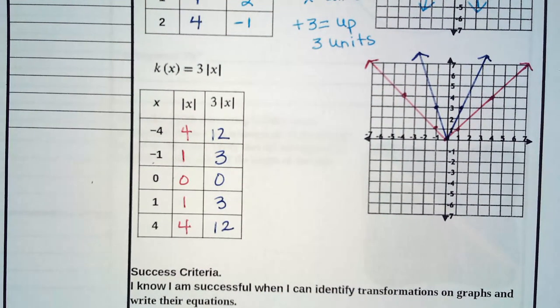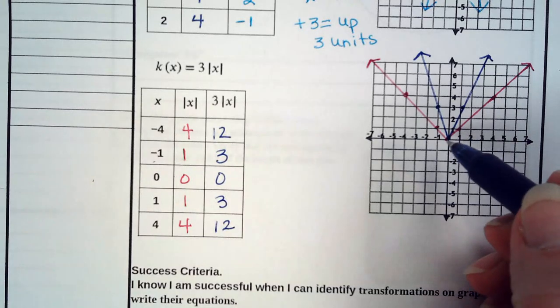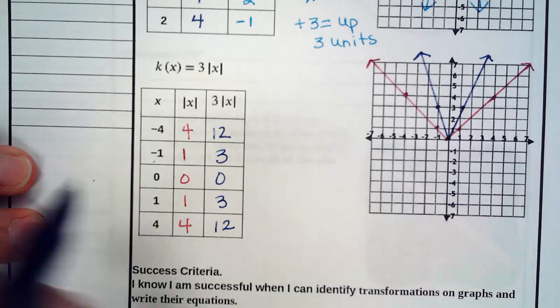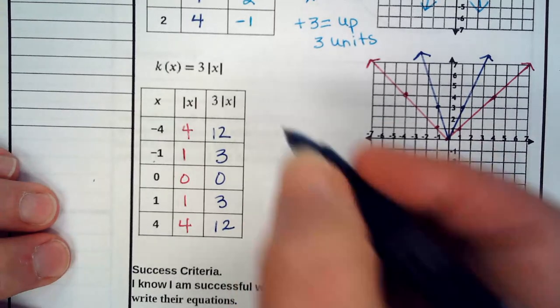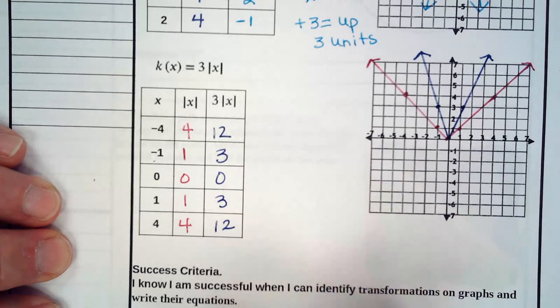Well, remember, we are stretching it. We are making it go up 3 times as fast. So that actually makes it look like it shrank because it goes up so fast. So this is making the output go up 3 times as fast.